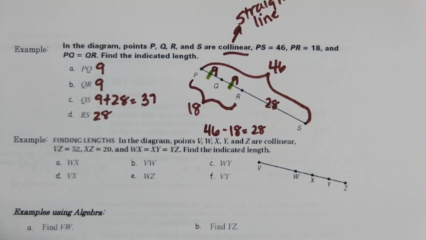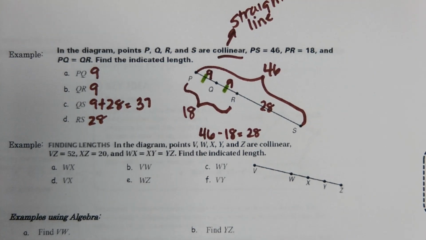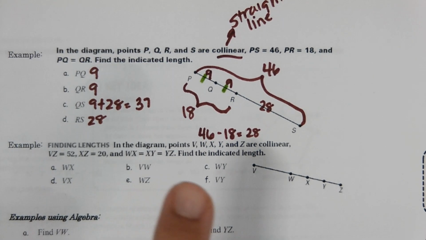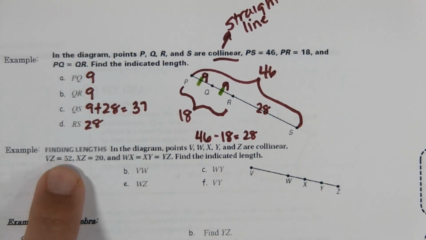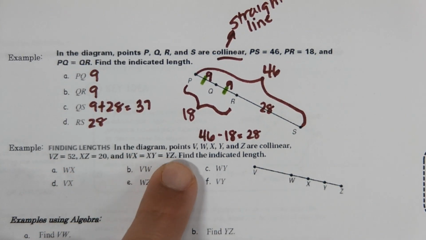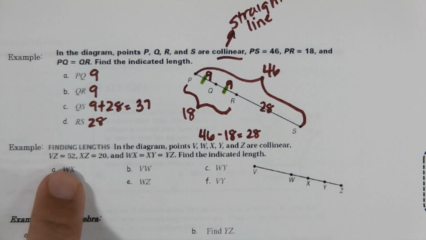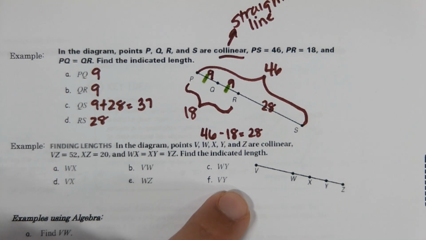Then the next one, I'm going to have you try to label it on your own. So it's the exact same type of problem. They give you the diagram here, and then they tell you a bunch of like lengths or what's equal. So go ahead and label this one on your own.